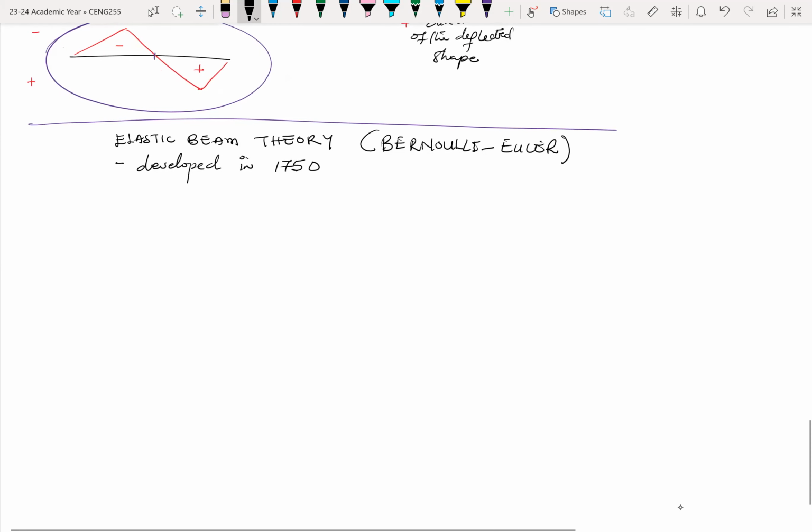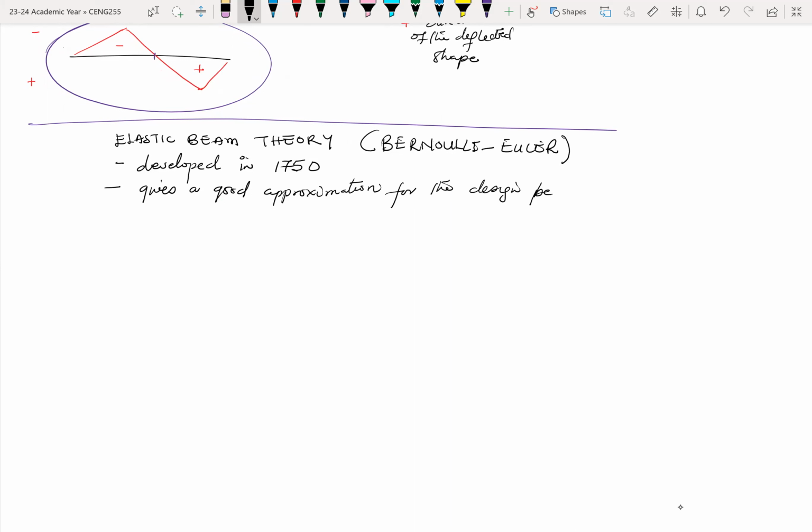It gives a good approximation for the design of beams. There are other theories out there.